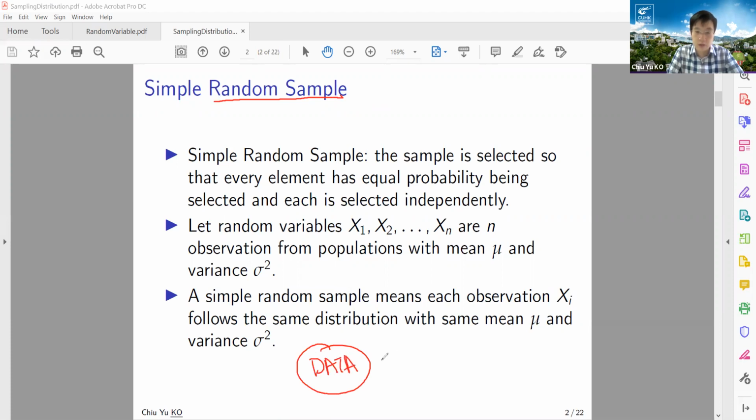We collect the data. Unless we are able to collect every single object we want to study, sometimes referred to as the population, we're not going to get everything from there. That's why we call it a sample.